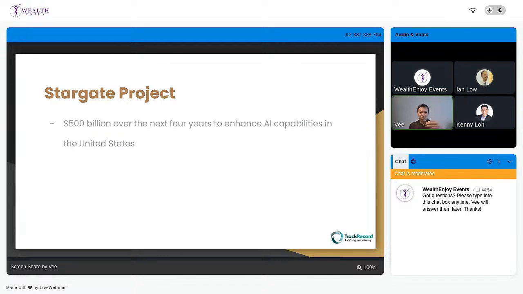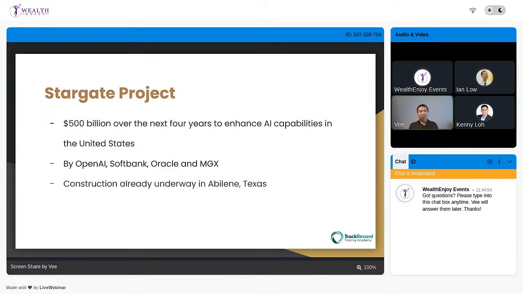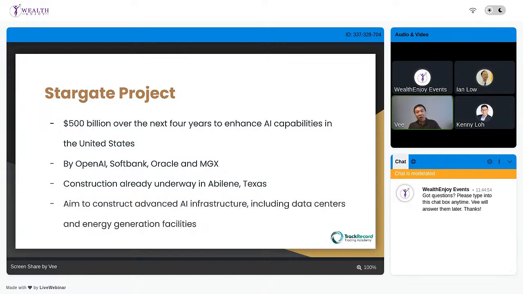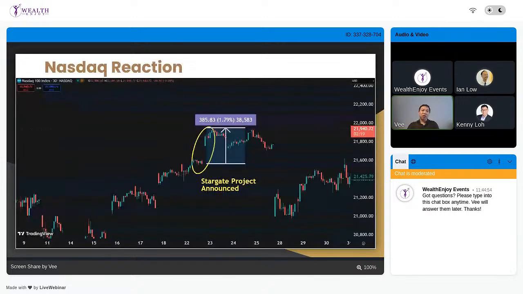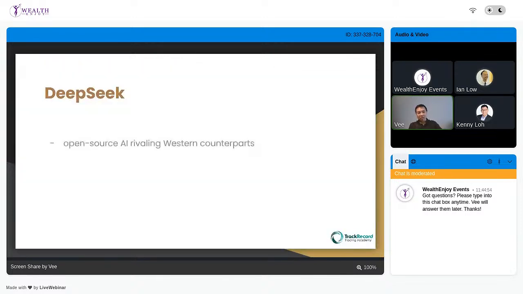As we said, Stargate is a big project with participation by all the major tech companies in AI, and of course, friends of the administration as well, also SoftBank, and it's already underway. But when announced, there was positive news. So we saw a spike in NASDAQ, and then DeepSeek, the open source rival to Western counterparts, was announced, and it's very cheap.